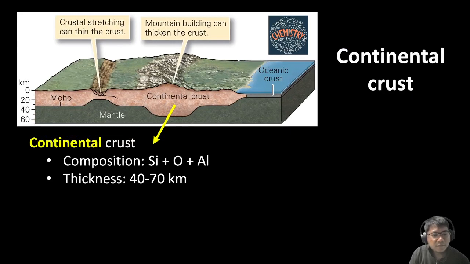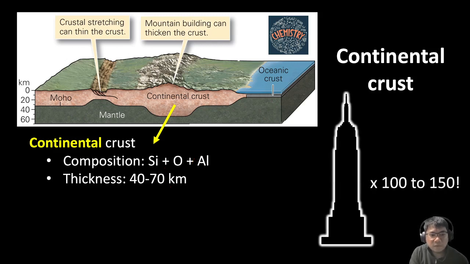Okay, so for the continental crust, the composition is mostly made of silicon and oxygen. Well, you can say aluminum as well as a third chemical element that is pretty abundant in the continental crust, and it's actually pretty thick. As I mentioned earlier, it goes up to 70 kilometers, but on average it would be 40 to 50 kilometers in thickness.